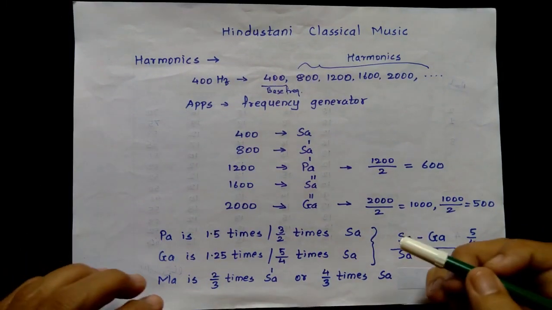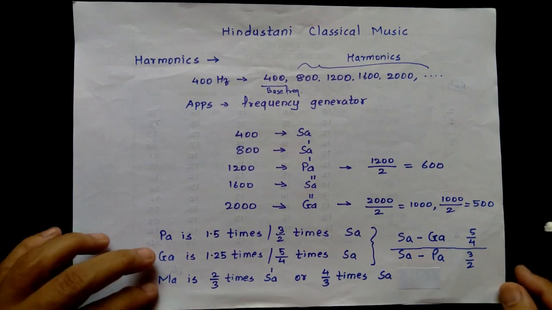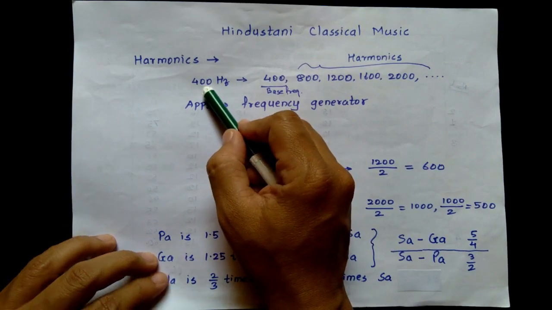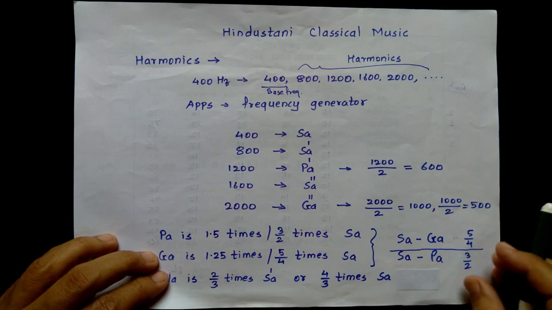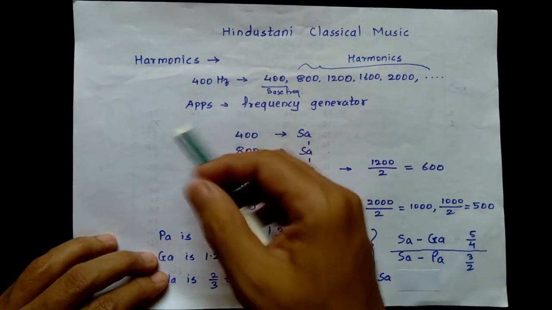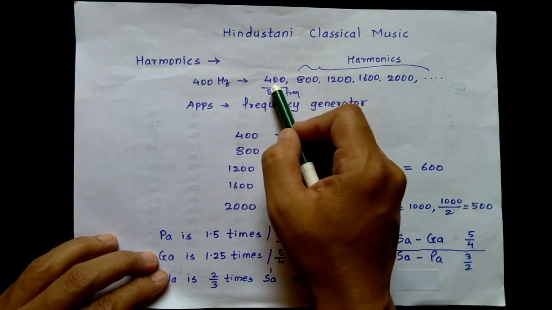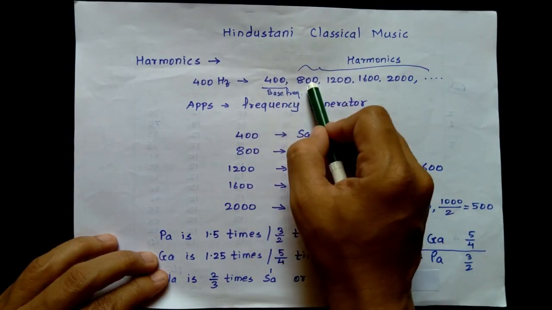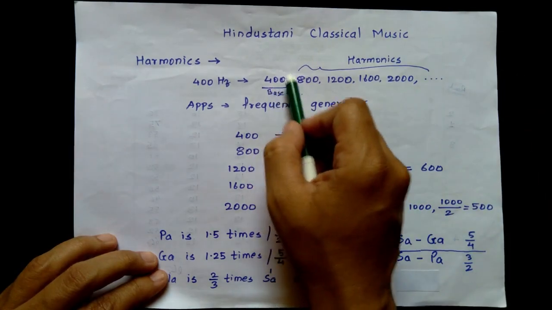So, what is a harmonic? Any sound in nature, whether the sound of an instrument or the human voice, doesn't come with a single frequency. So if I sing sa, any machine will calculate it as 400 hertz, say for example, but that machine will tell us that your sound also contains 800, 1200, 1600, 2000 and so on, multiples of 400.